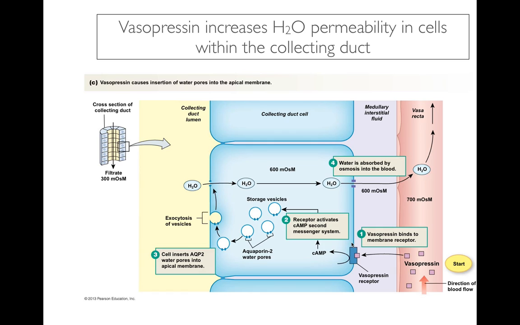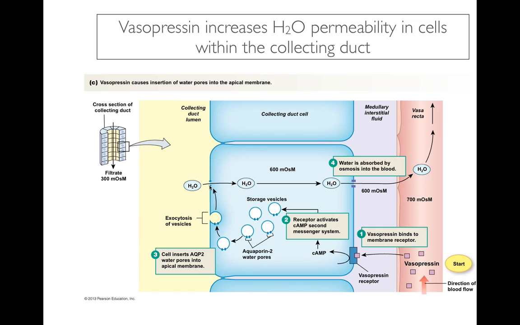And essentially what's happening is that this GPCR, like we know, is going to result in the production of a second messenger like cyclic AMP. And cyclic AMP is going to trigger these little vesicles that have these water channels on them to move to the surface of these collecting duct cells.